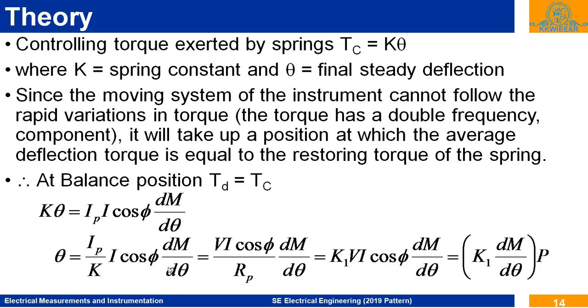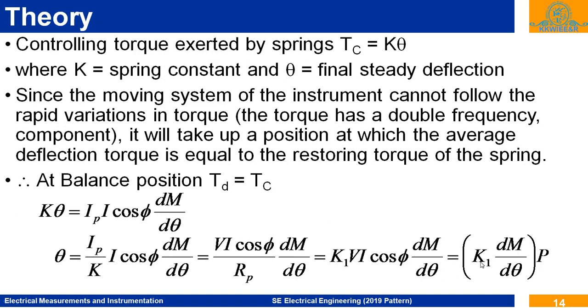So theta is equal to V upon Rp multiplied by k in the denominator, I cos phi, dM by d theta, which is equal to k1 V I cos phi dM by d theta. So 1 upon Rp k is replaced by another constant k1.